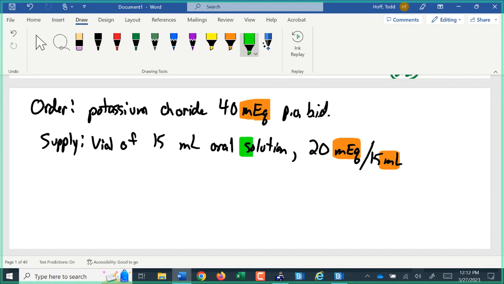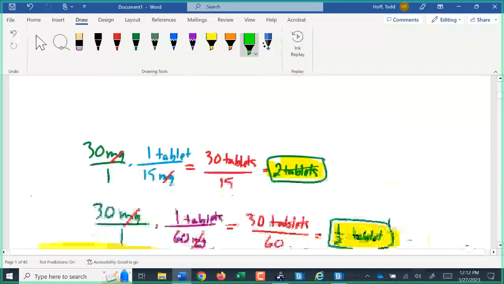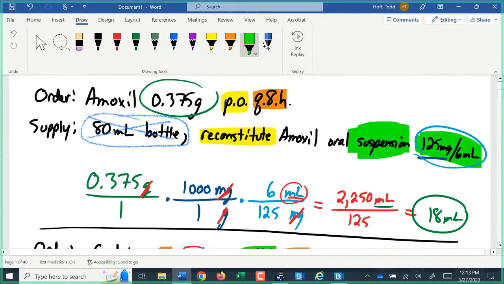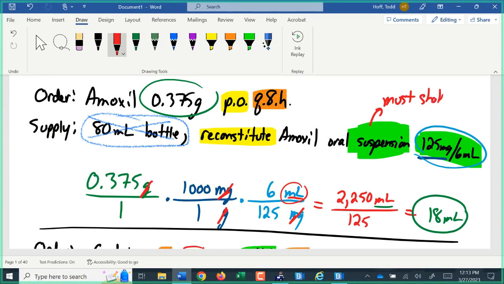Now there's a word that came up here, solution, and a word that came up before that was suspension. When we see the word suspension, that means that we must shake the bottle or mix the medication before we administer it. A solution means that it's dissolved together and it will stay that way unless it's too cold or too hot and falls out of solution, or if something happens to it. It's still a good idea to shake the bottle.